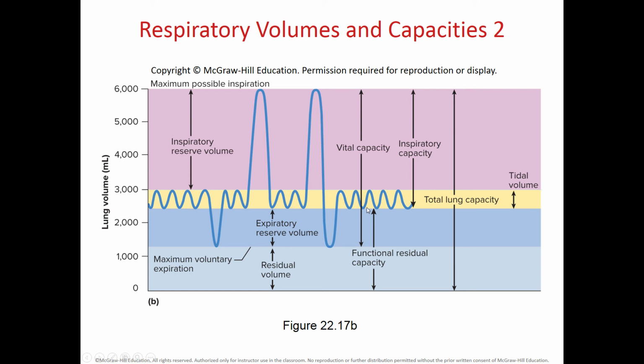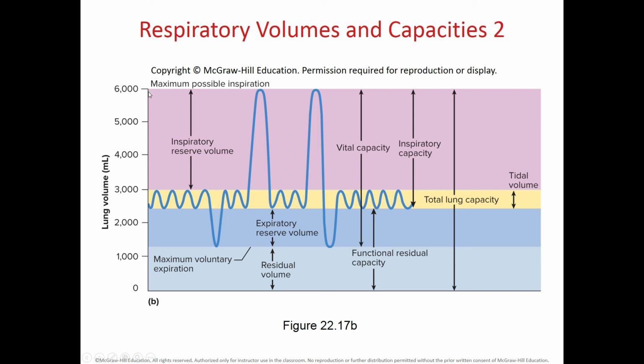Your functional residual capacity will be adding your expiratory reserve volume and your residual volume. And then your total lung capacity will be adding all of the volumes or capacities, so adding your vital capacity and your residual volume.